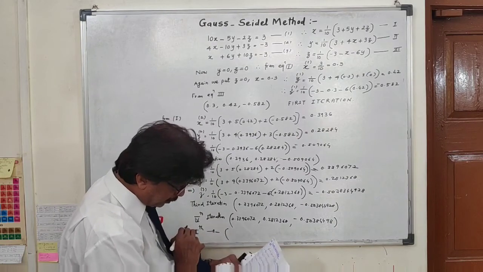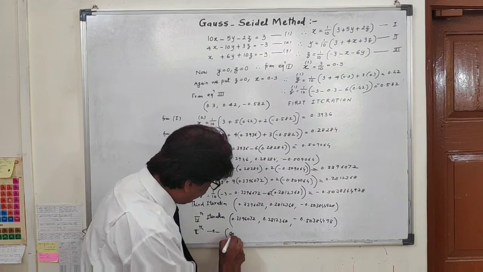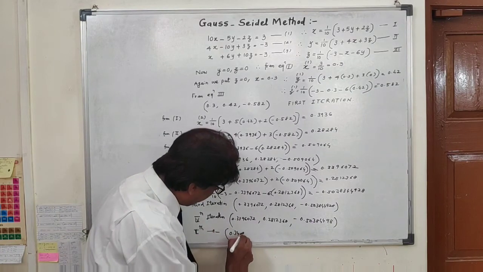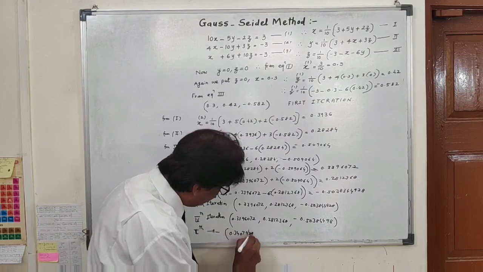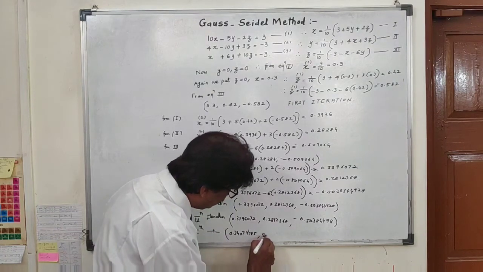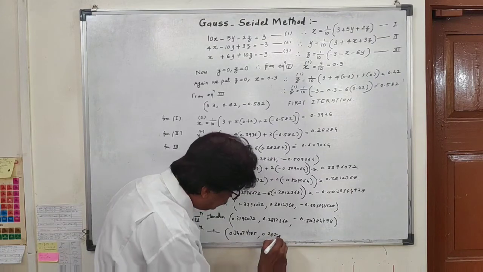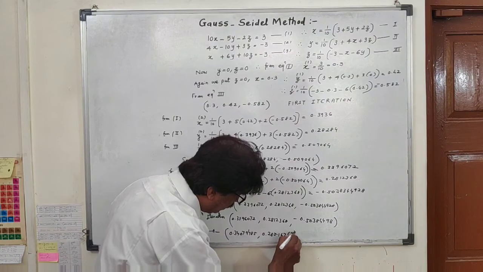And the fifth iteration, I have calculated it, this now comes out as 0.34079485, 0.28516764.